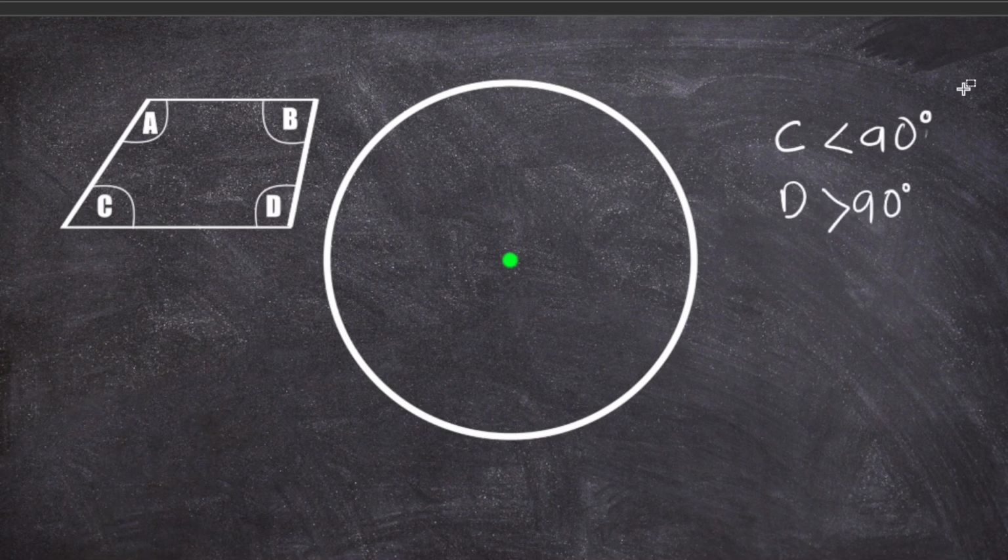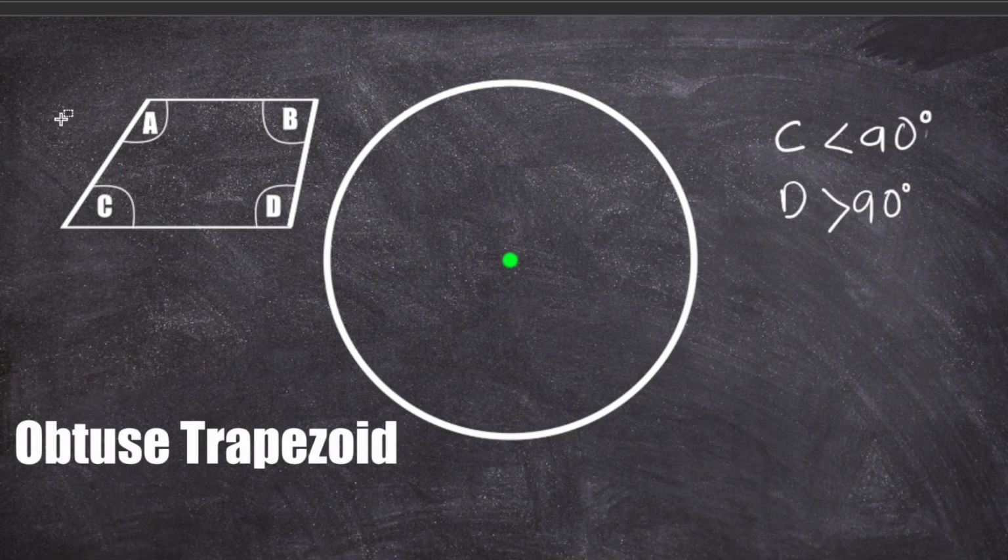The fact that C is less than 90 and is acute, and D is greater than 90 and is obtuse, means that this is an obtuse trapezoid, because in an obtuse trapezoid, at the base angle, the longer base, one of the angles is acute and the other one is obtuse. So let's go about proving why this shape cannot be a cyclic quadrilateral.